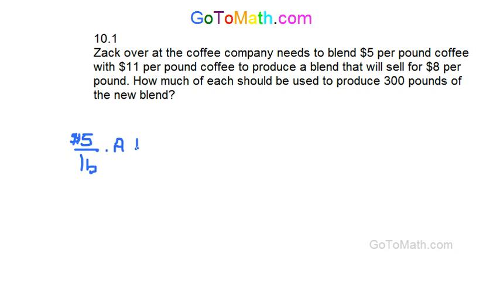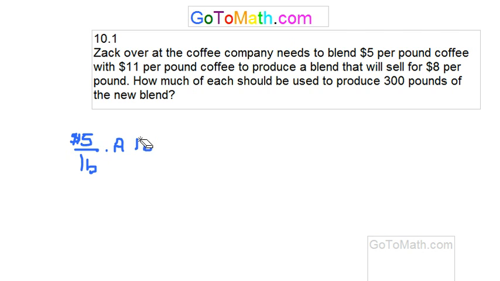So if this is in pounds, then you cancel your pounds out, and what are you left with? You're left with dollars. You see that? So it always helps to look at the units that we're using here.